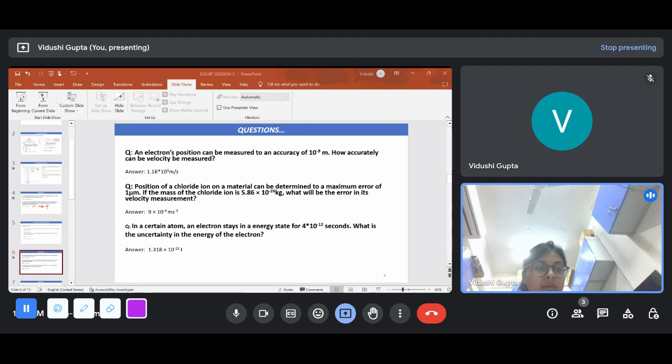So 1 by 2m, p iota h cut plus the same here, iota h cut p, so it will be equal to 2 times iota h cut p by 2m.